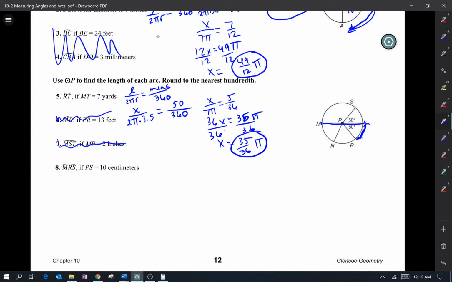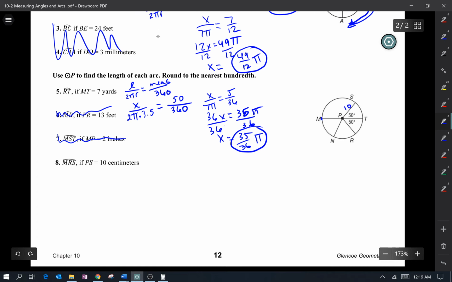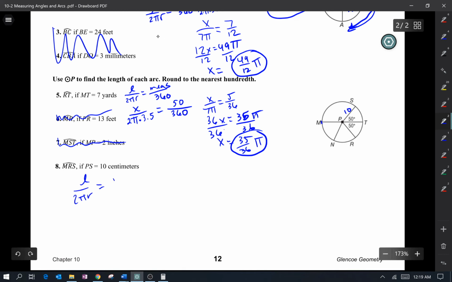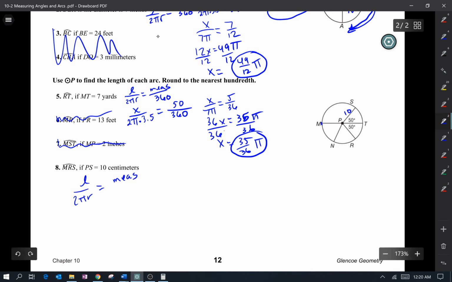All right, let's try it one more time. Ready? Last one. If PS is 10, so from here to here is 10. All right, last problem. The length of the arc to 2 pi r is equal to the measure of the arc to 360.